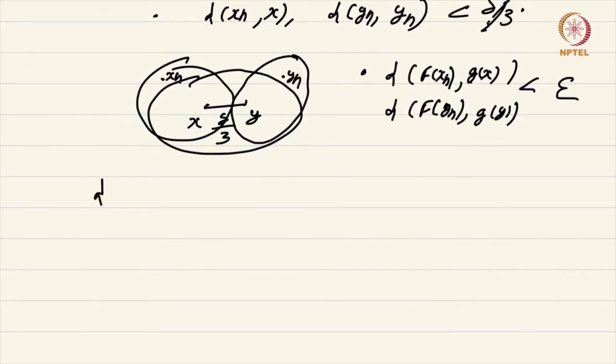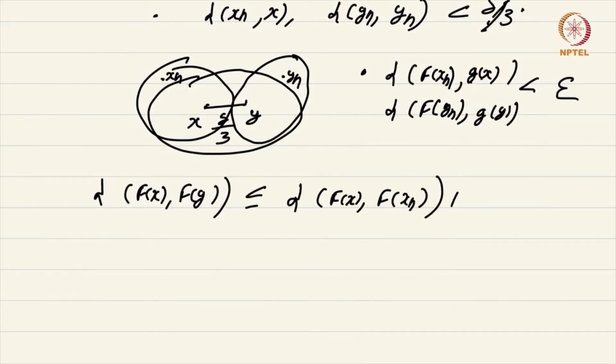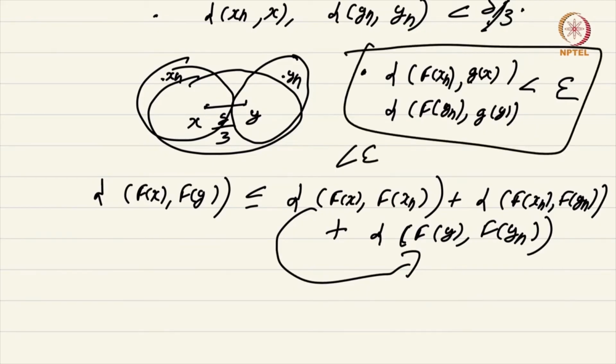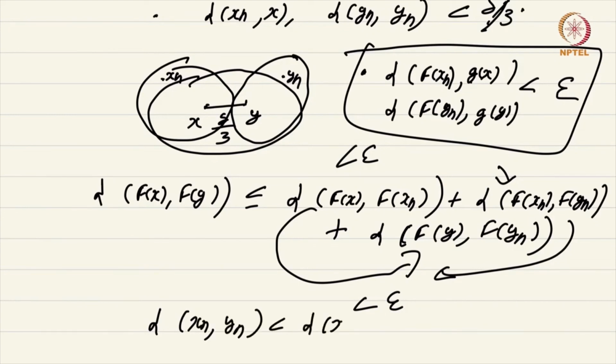Well, d(g(x), g(y)) is less than or equal to d(g(x), f(xn)) plus d(f(xn), f(yn)) plus d(g(y), f(yn)). Now the two quantities d(g(x), f(xn)) and d(g(y), f(yn)) are both less than epsilon just by the choice of n. However, d(f(xn), f(yn)) is also less than epsilon, simply because d(xn, yn) is less than d(xn, x) plus d(yn, y) plus d(x, y), which is less than delta.